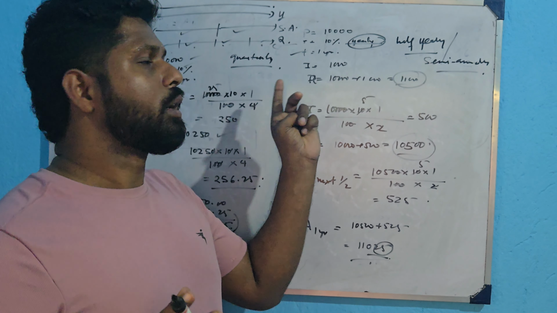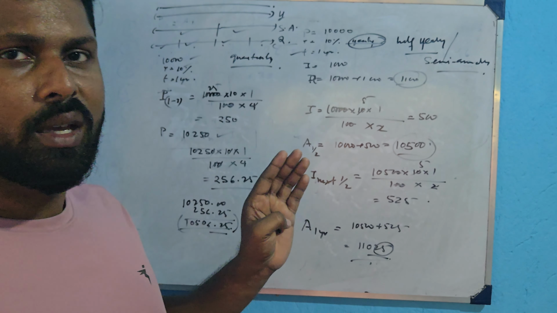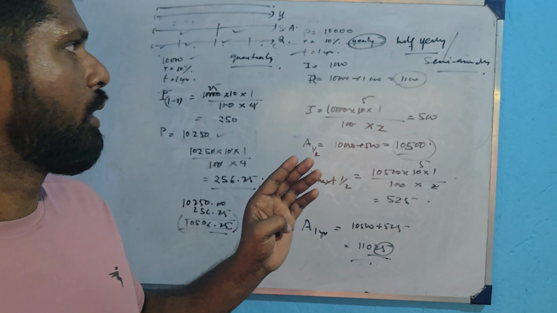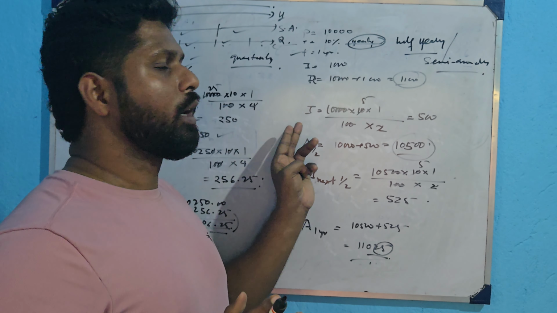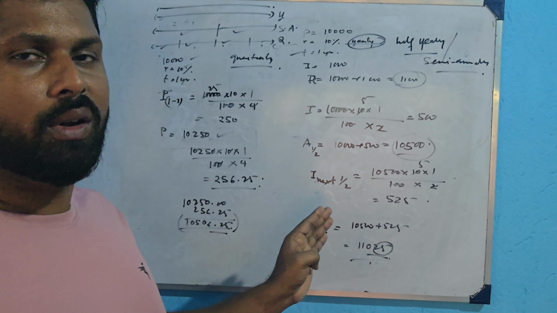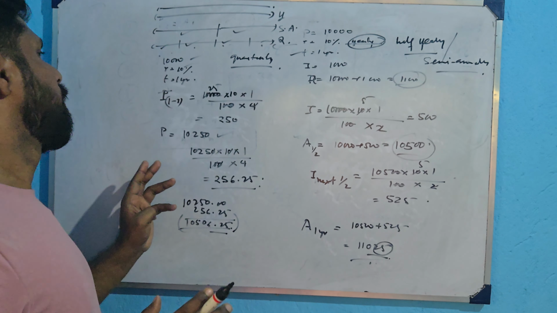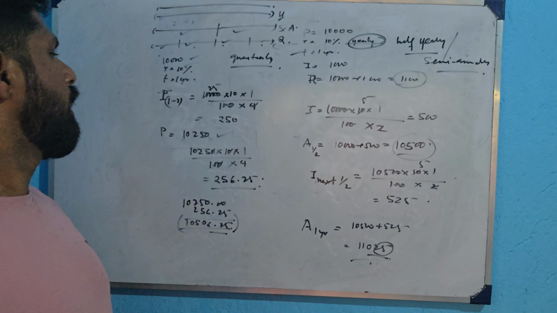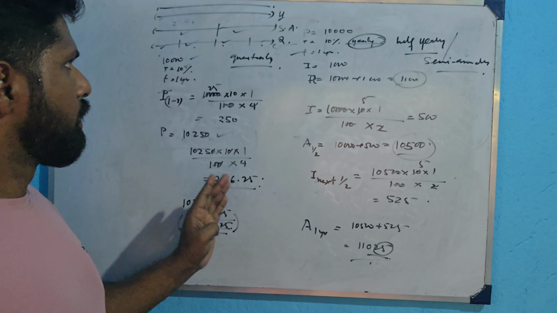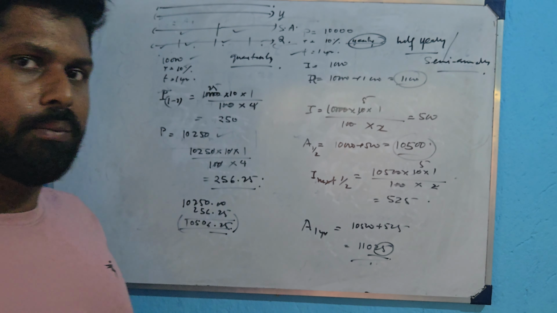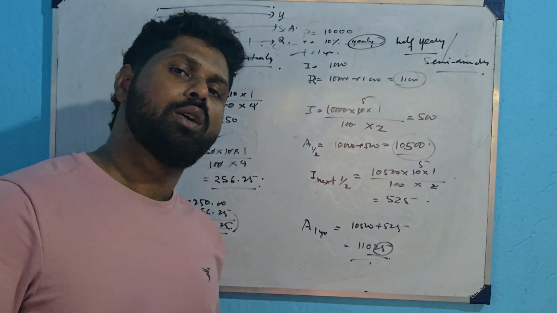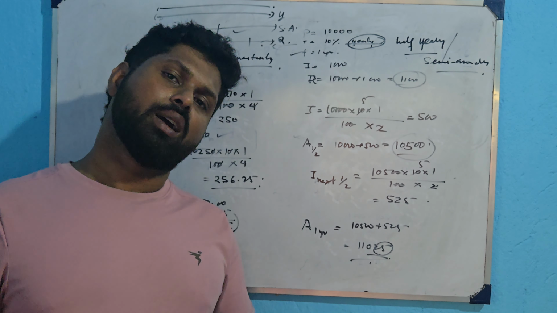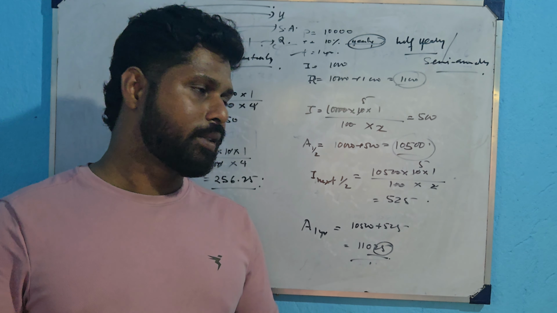What is the basic difference in CI and SI, and how it is getting calculated. Also, what is yearly, half yearly, and semi-annually. These are the basic things of CI, right? We'll do the formula in some other classes. Okay, students, thank you.